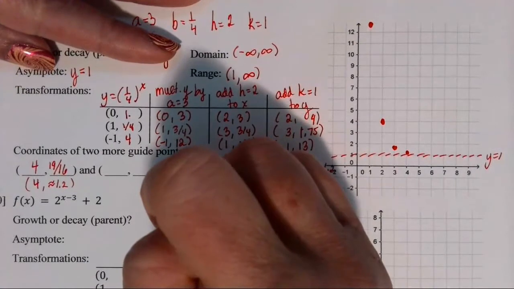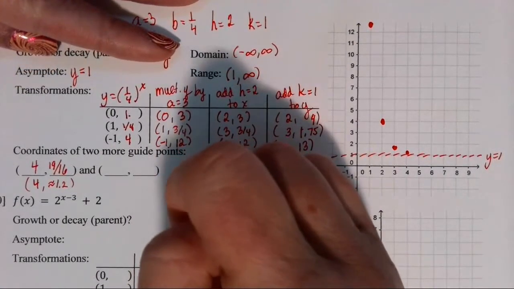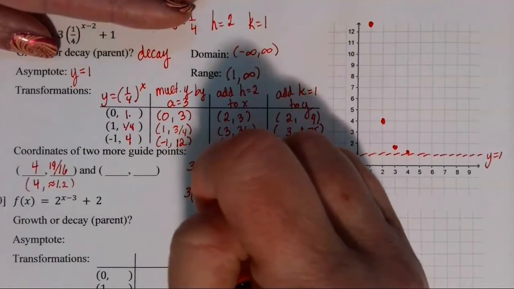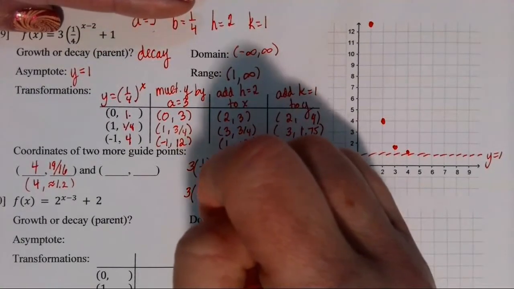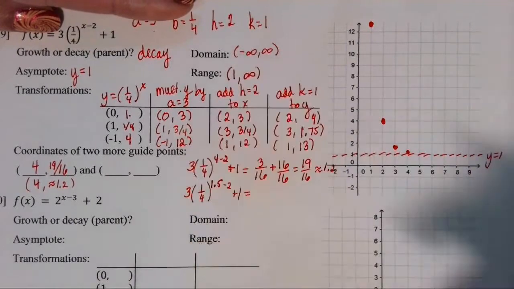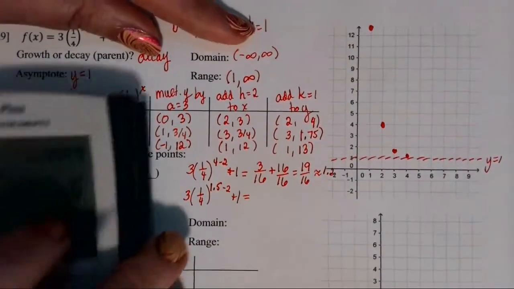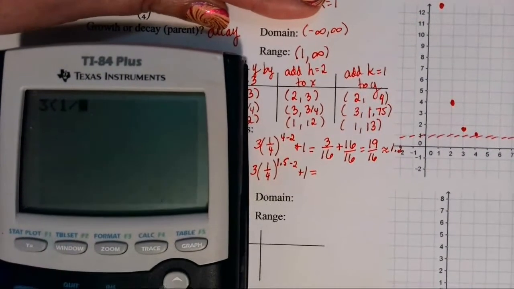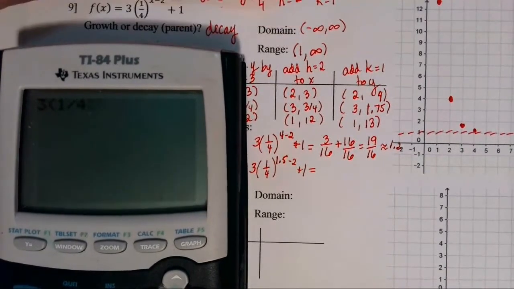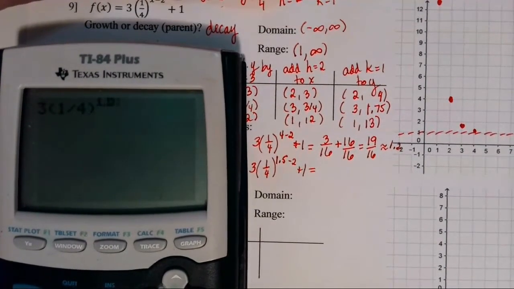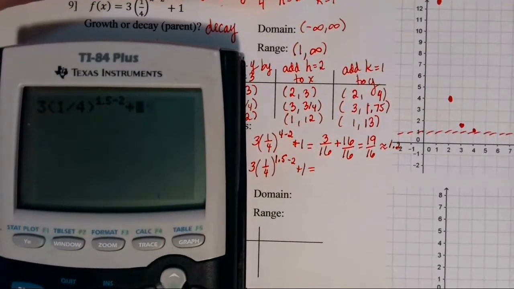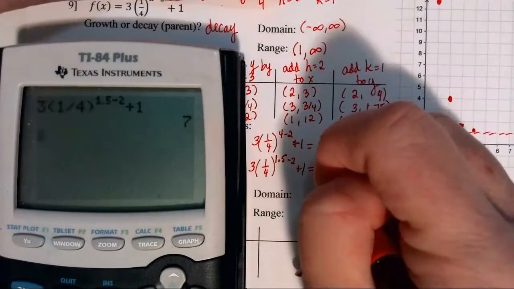So if we put in 3 times 1/4 to the 1.5 minus 2 power plus 1, we can evaluate that in the calculator. So 3 times 1/4 raised to the 1.5 minus 2 power plus 1 is equal to 7.